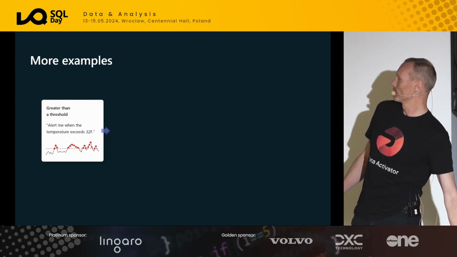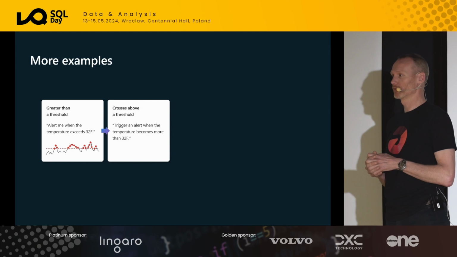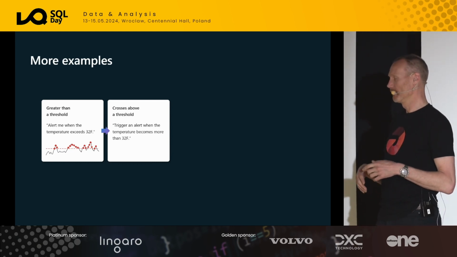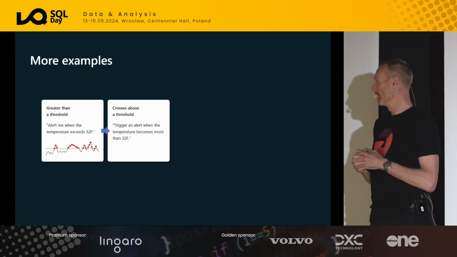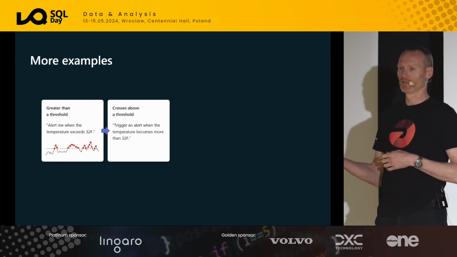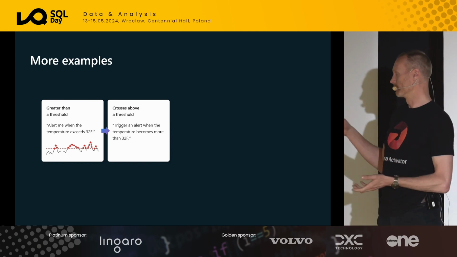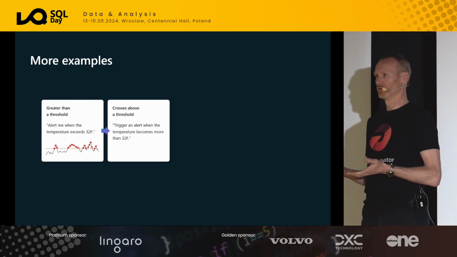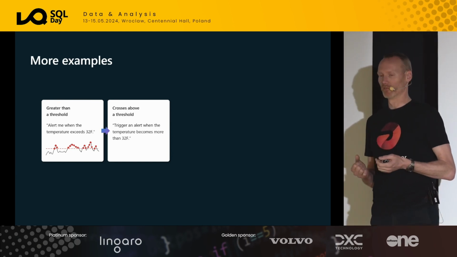So moving from a human being perspective and looking at this line, maybe not a very complex thing to solve, but if you only want to get an alert when it crosses above a threshold, so when the temperature becomes more than 32 degrees, then you would like to have an alert.